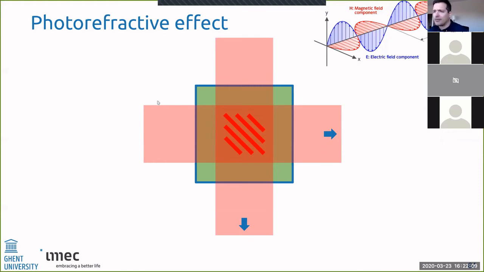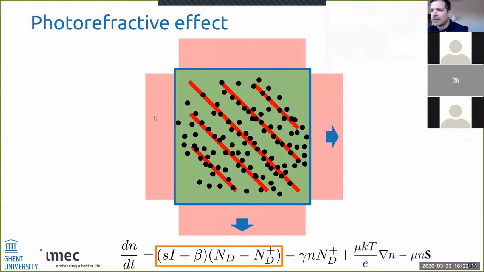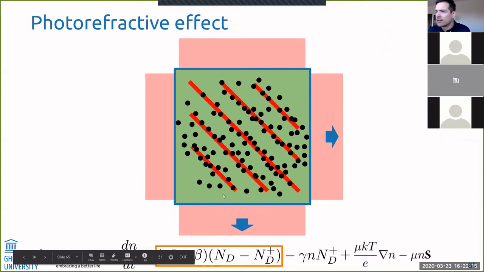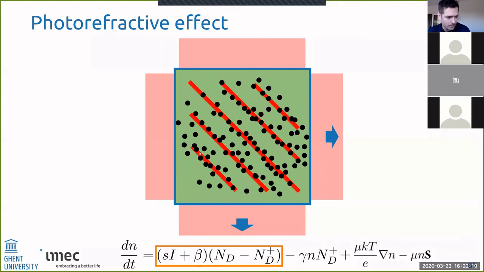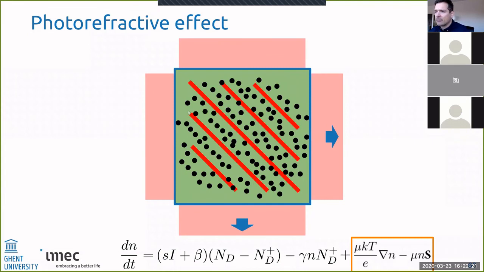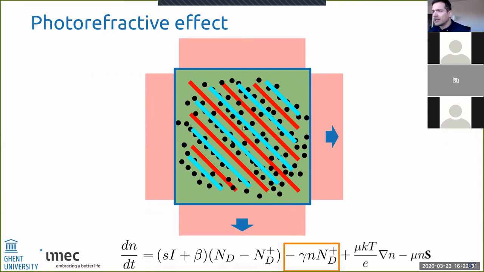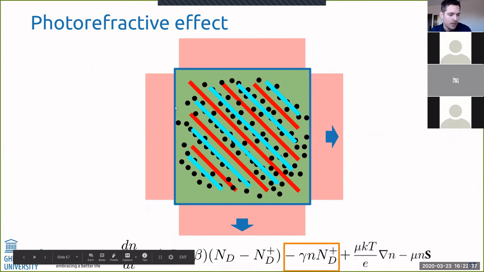First of all, the light excites electrons in the material, so the electrons are now free to diffuse through the crystal. Generally speaking, they will move away from the light. Because they are excited at the high intensity regions, they move to the low intensity regions, where they get trapped again because of recombination of the carriers.